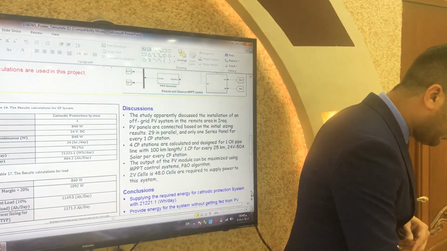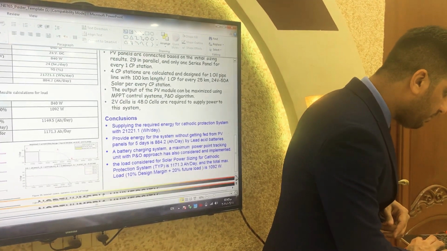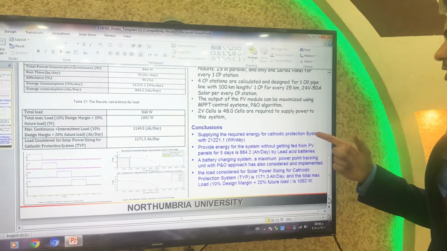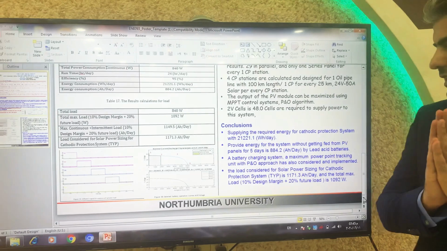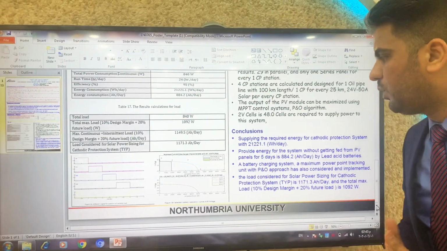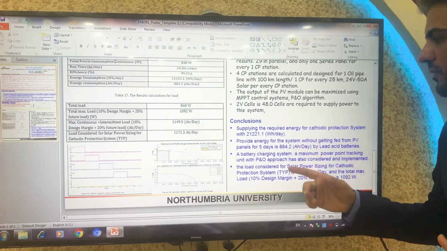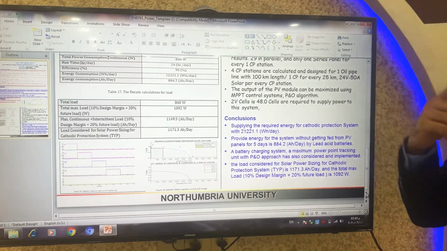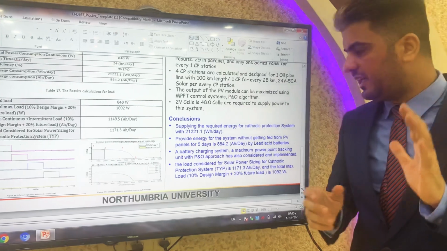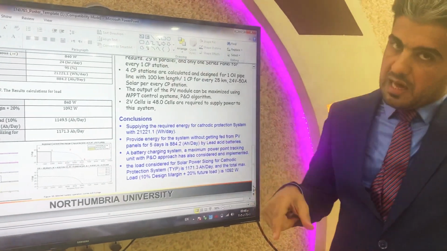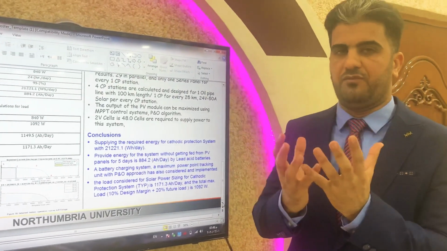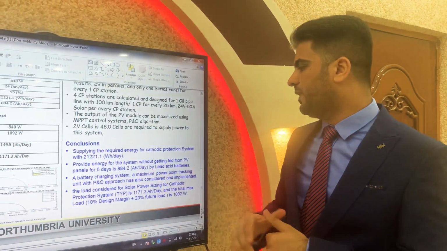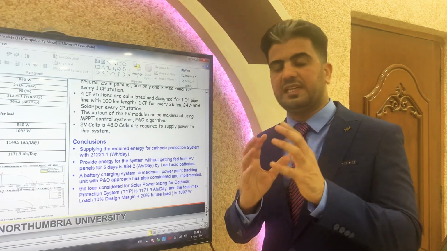The conclusion for my project: I supply the required energy for the cathodic protection system with 21,221.1 watt hour per day. I provide energy for the system without being fed from the PV panel for 5 days, which is 884 ampere hours per day, using a lead acid battery.